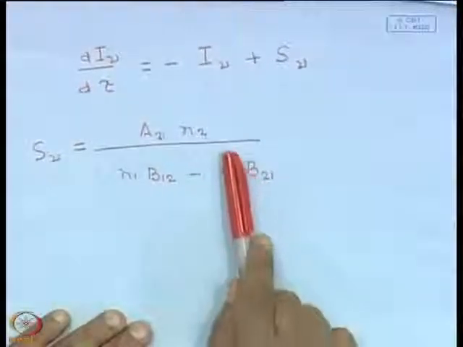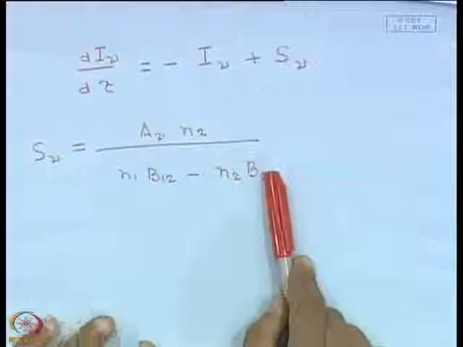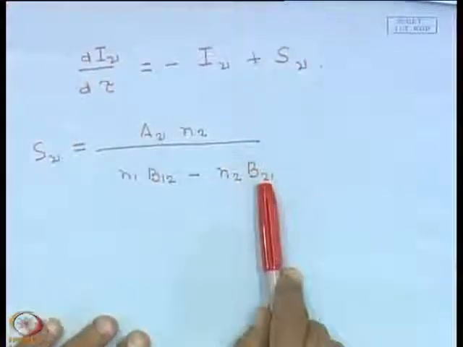So, that is the number density of particles in the excited state into the Einstein coefficient for stimulated emission.